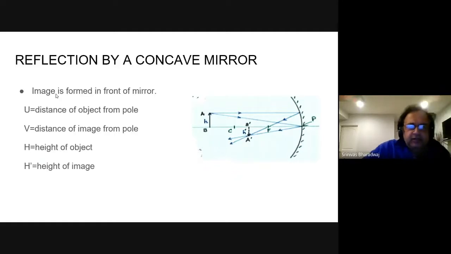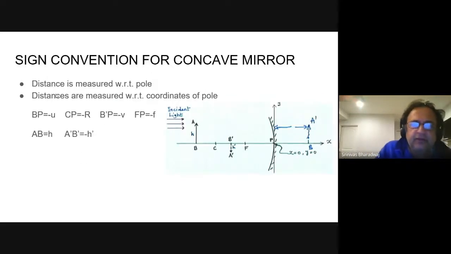Okay, so now, reflection by a concave mirror: U, V, H, the height of the object versus the height of the image, right? Typically, that will be the ratio of the distances. V by U will give you the magnification. Okay, the sign convention for a concave mirror is that you can either take everything as positive or everything as negative.